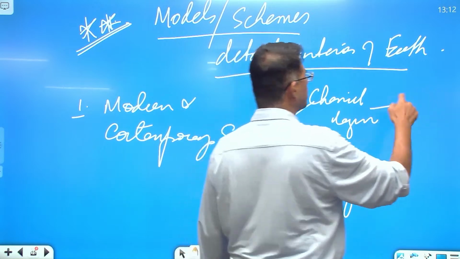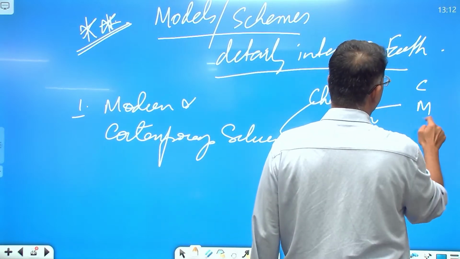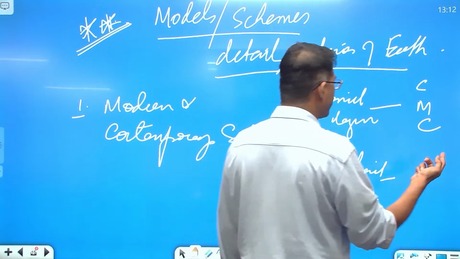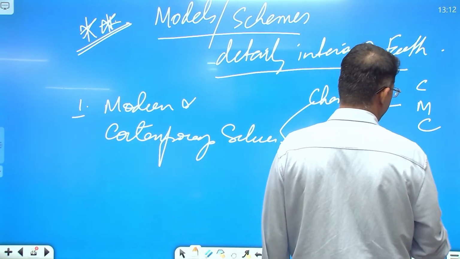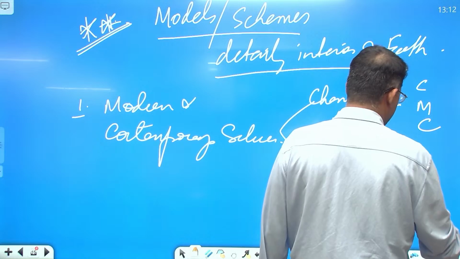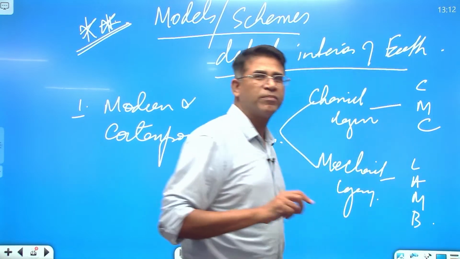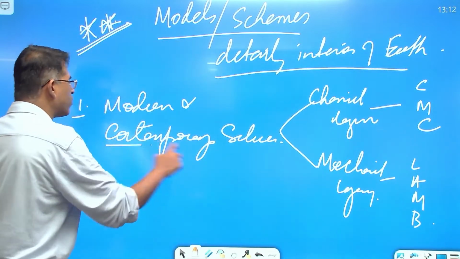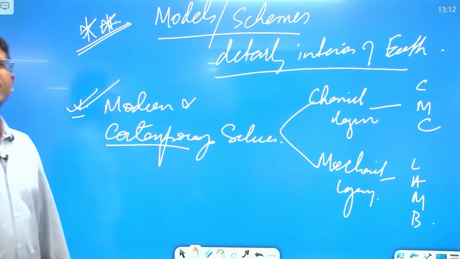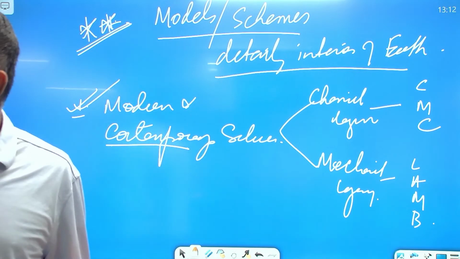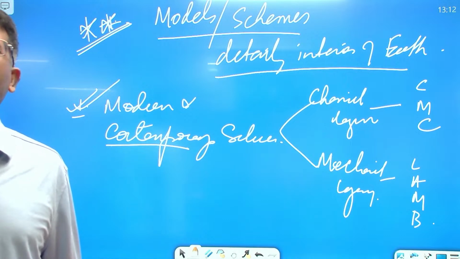The chemical layering model says crust, mantle, core, and the mechanical model says lithosphere, asthenosphere, mesosphere and barysphere. This is the more contemporary one, which is what we need for all our studies. Apart from this, there are a couple of other models also.